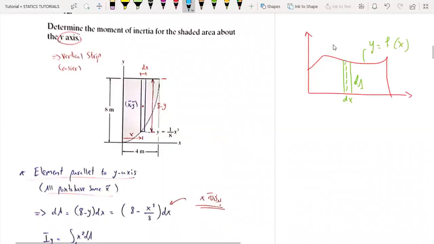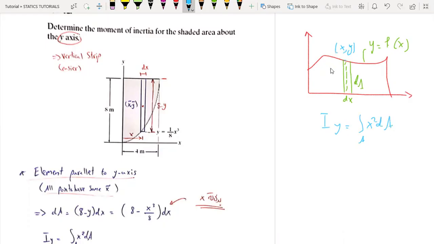And here it is (x, y). So the moment of inertia about the y-axis will be the integral over A of x squared dA.